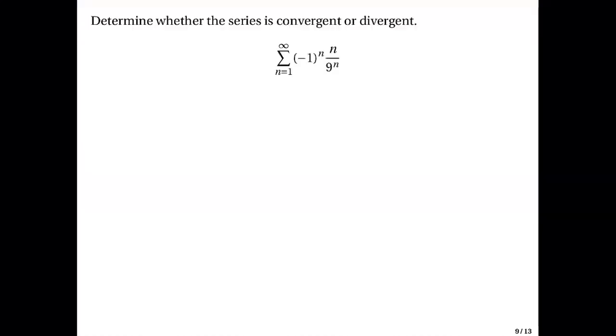So, first example, we have here the series negative 1 raised to n of n over 9 to the n.